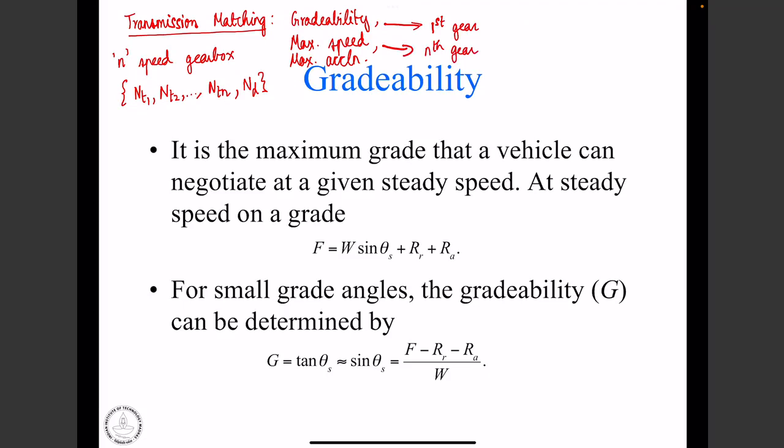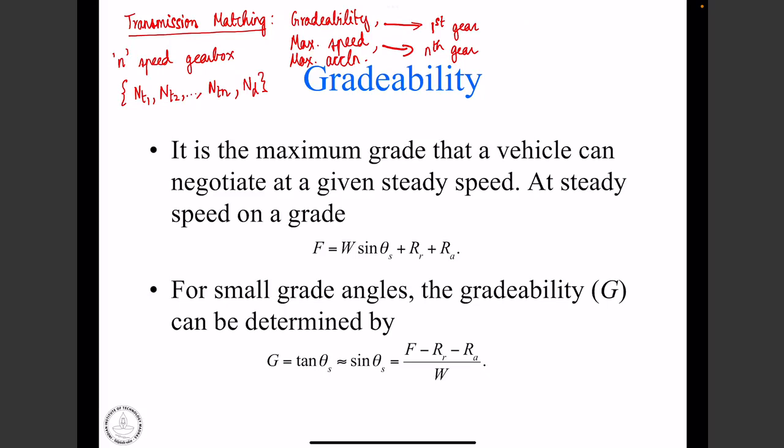Similarly, when we are going at the highest possible speed, we are going to be in the highest gear, so that we operate in the high speed regions of the prime mover. That is the logic behind getting corresponding equations in this manner.